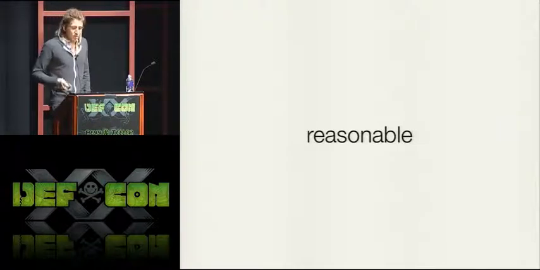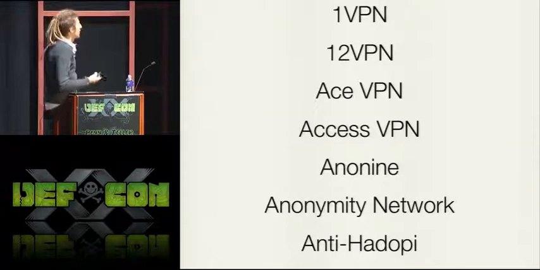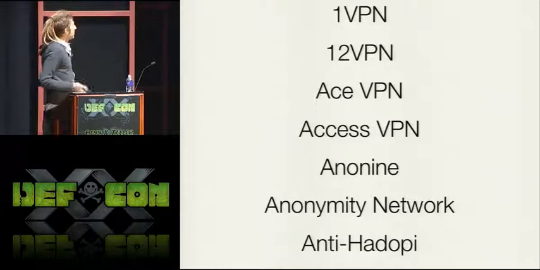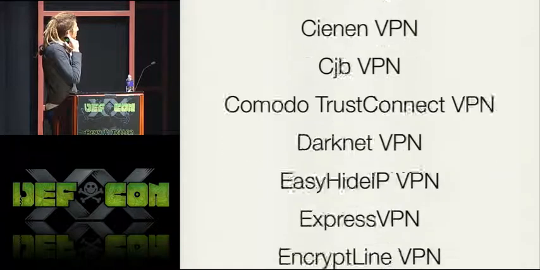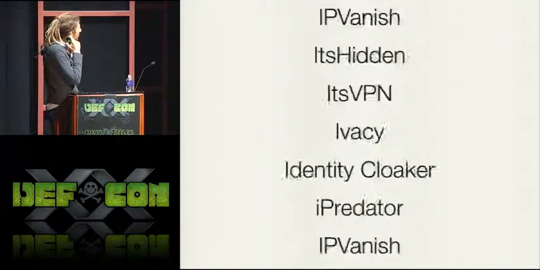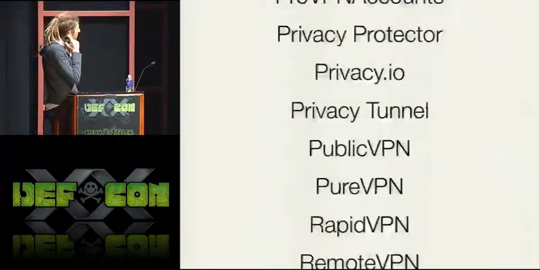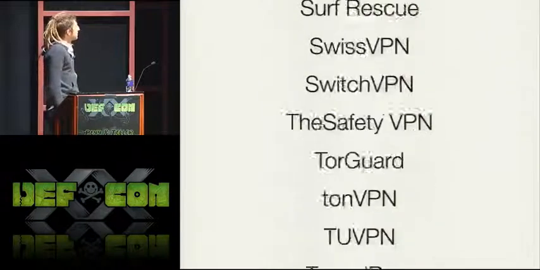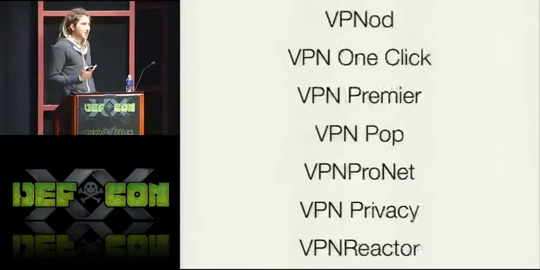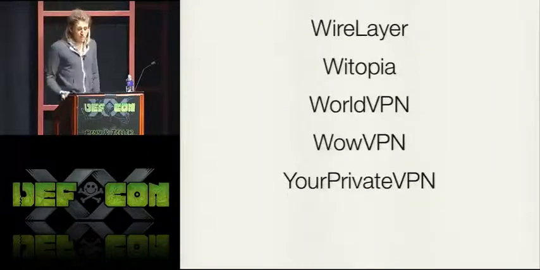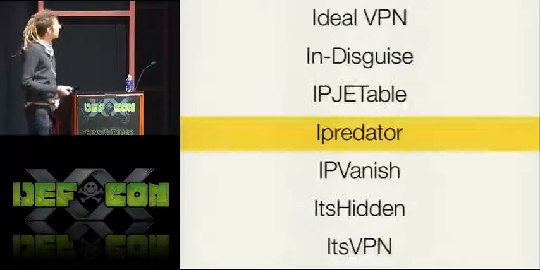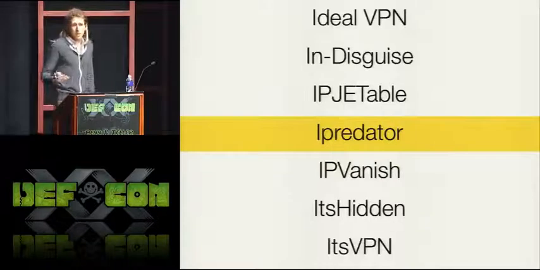A lot of other people agree. I put together a list of VPN providers that currently support PPTP and MS-CHAPv2. There's actually more than this. I just got tired of typing them in. So it's a lot of people. There's even some really high-profile VPN providers like iPredator.